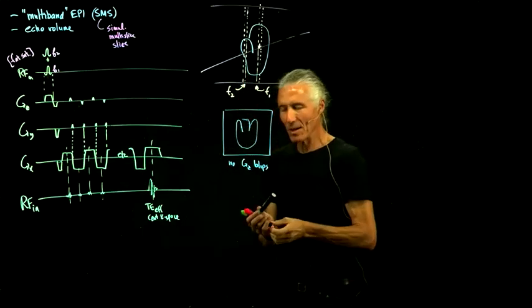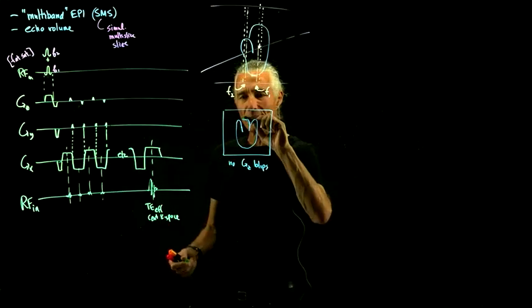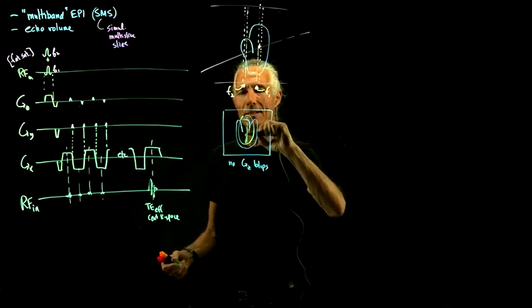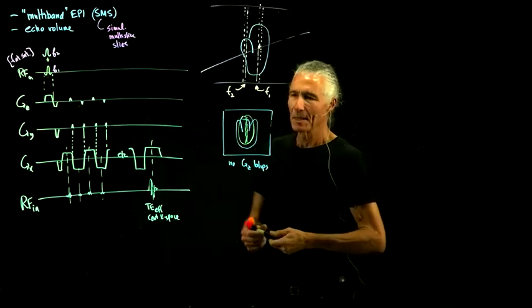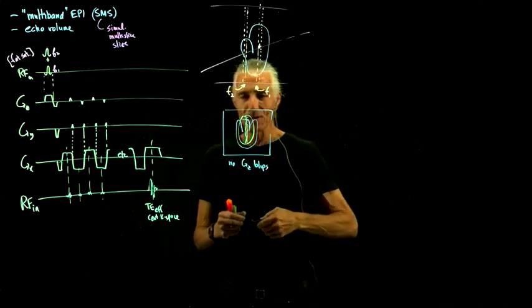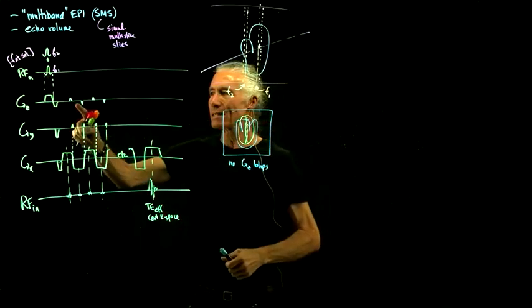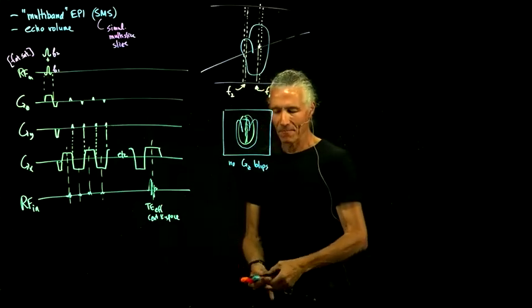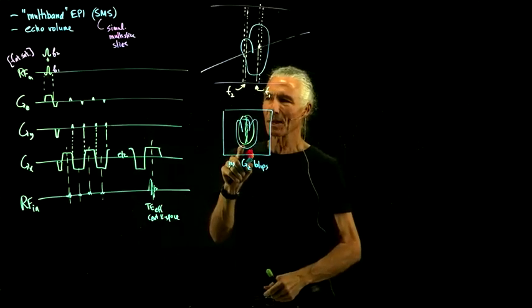And then you'd end up with another slice on top of it, from higher up in the brain, just layered on top of it. There are various ways to undo that, but the advantage of adding these extra blips is we can cause these slices to be less overlapped.